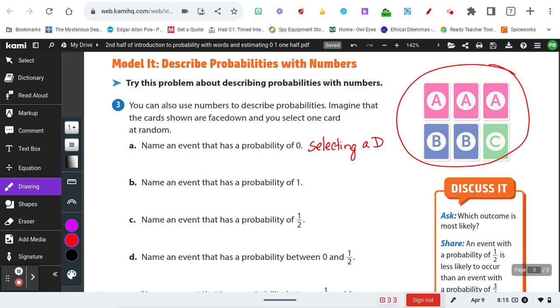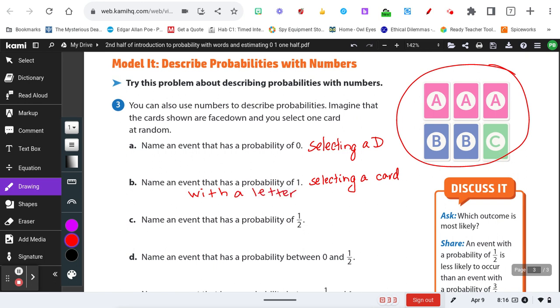Name an event that has a probability of 1. An event that has a probability of 1 would be selecting a card with a letter. All of them have letters on them.